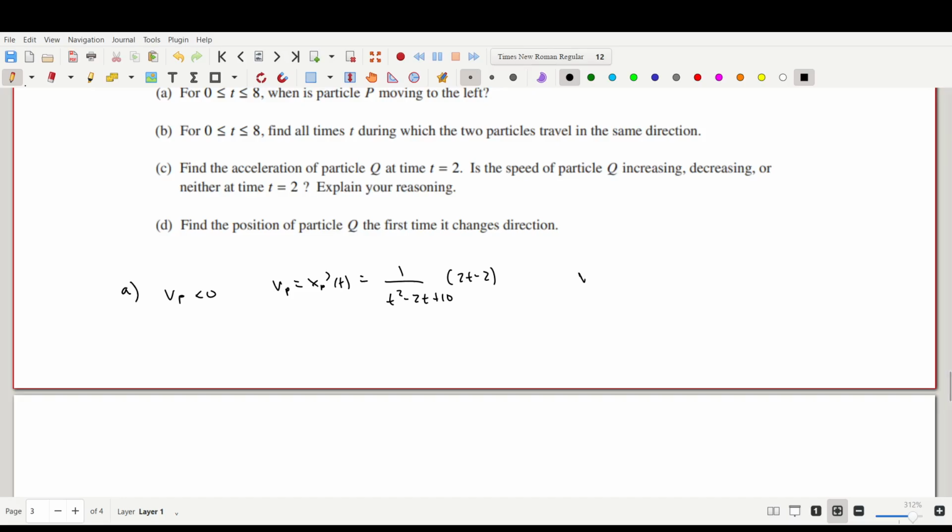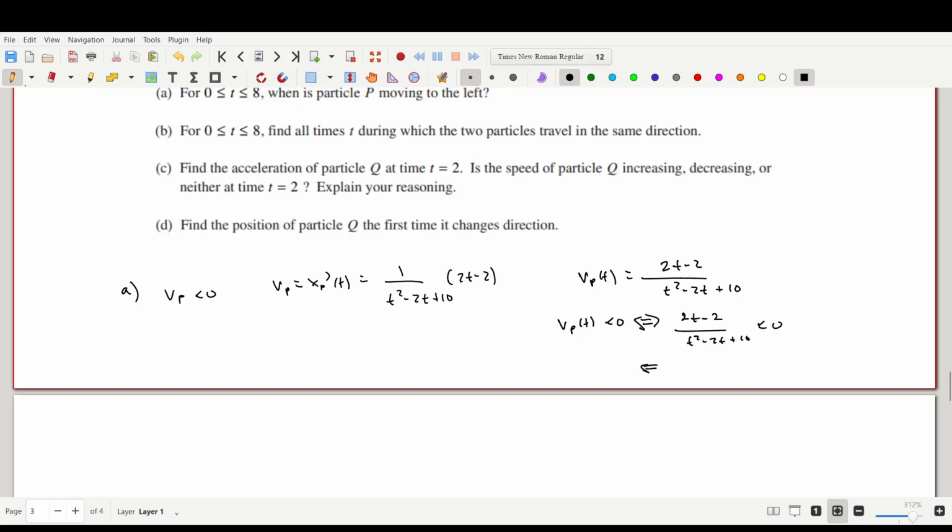All right, so vP of t we know is (2t minus 2) over (t squared minus 2t plus 10). vP of t is less than 0 if... so it's equivalent to saying that (2t minus 2) over (t squared minus 2t plus 10) is less than 0.